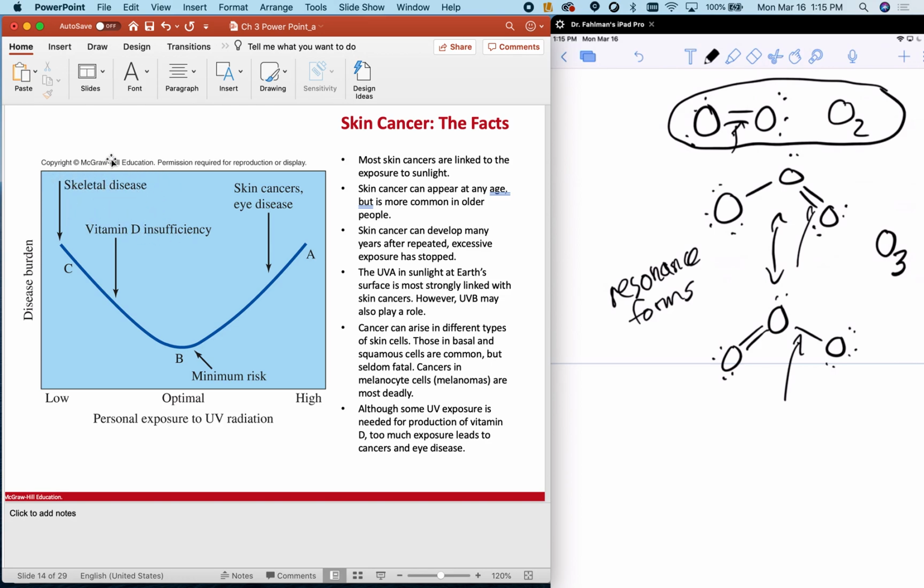Vitamin D insufficiency will cause other kinds of illnesses. And then on the other side, if you're always outside and not protecting your skin or eyes with sunglasses or something, then you'll get skin cancers or eye disease, cataracts, for instance. So there's this minimum exposure risk: you need some exposure but not too much.